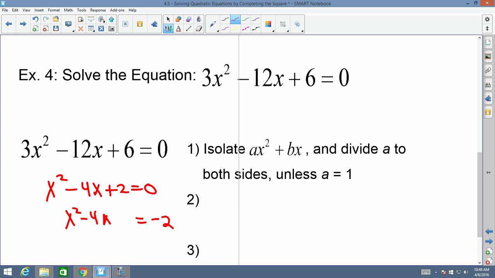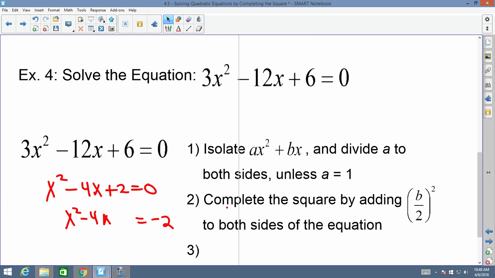Step 2. Complete the square by adding b over 2 squared to both sides of the equation. When I complete the square, I add b over 2 squared to my original function. But if I do something to one side of the equation, I must do it to the other side of the equation, guys. Okay? I must.